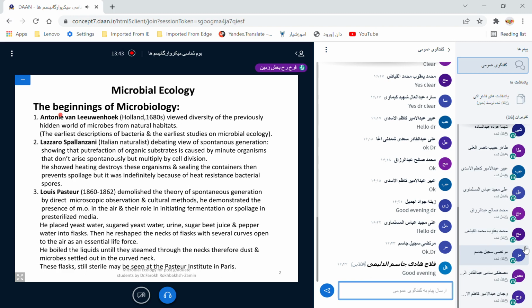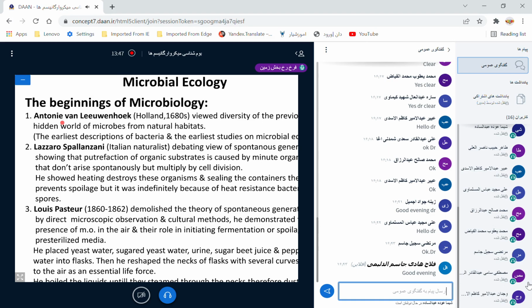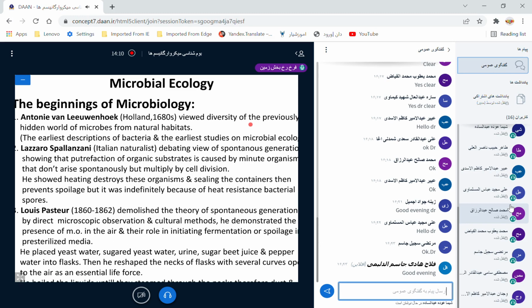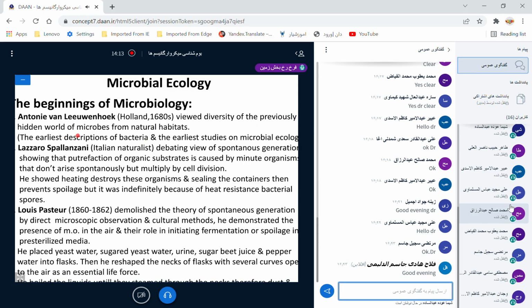The beginning of microbiology. The great scientist with the name Anthony van Leeuwenhoek was a Dutch scientist in the 1600s.